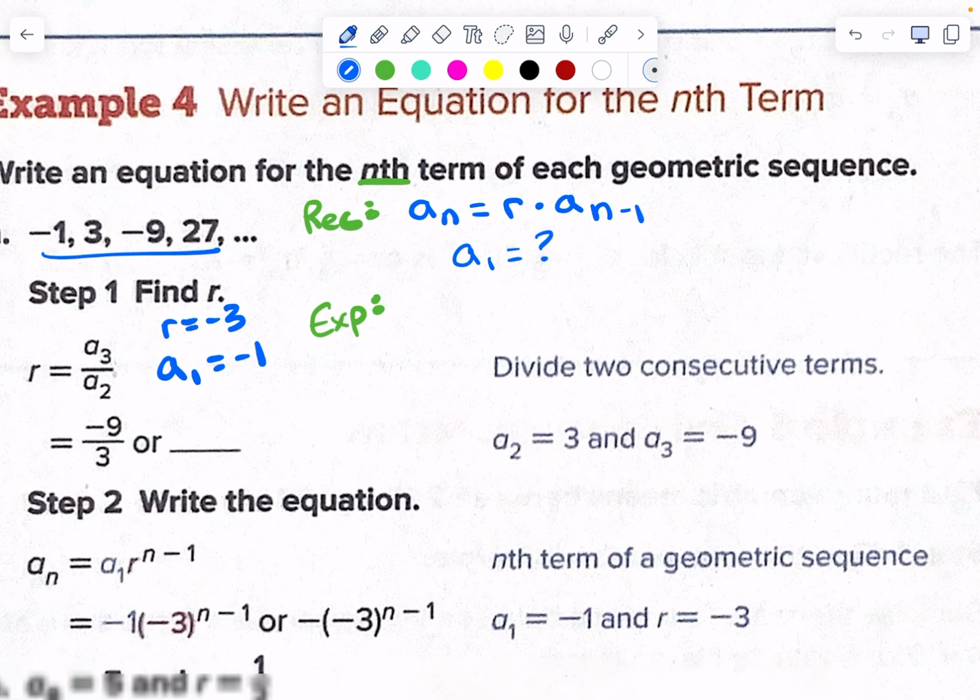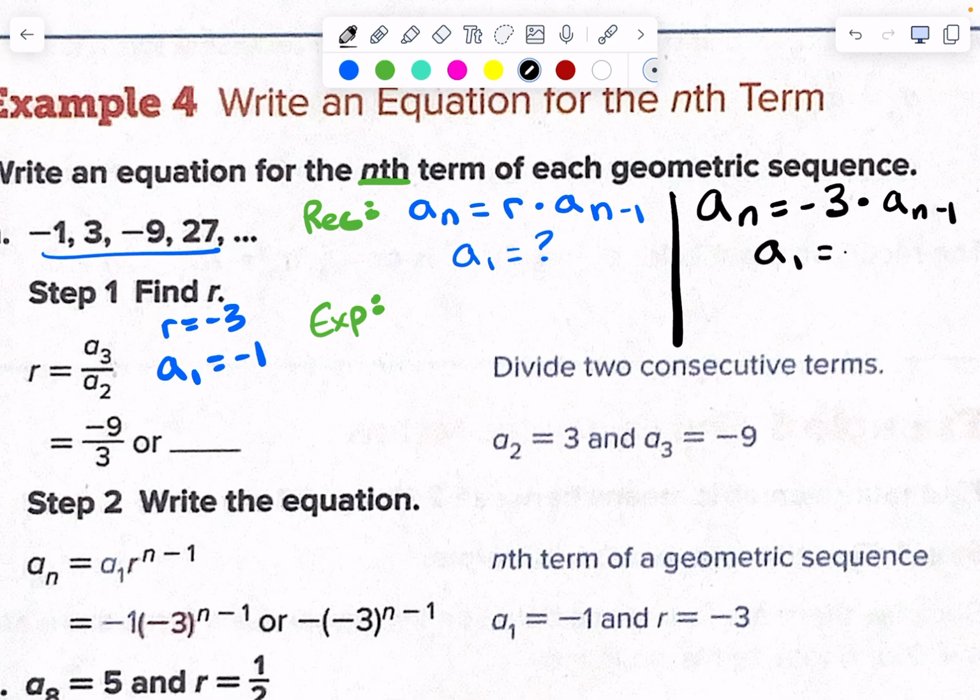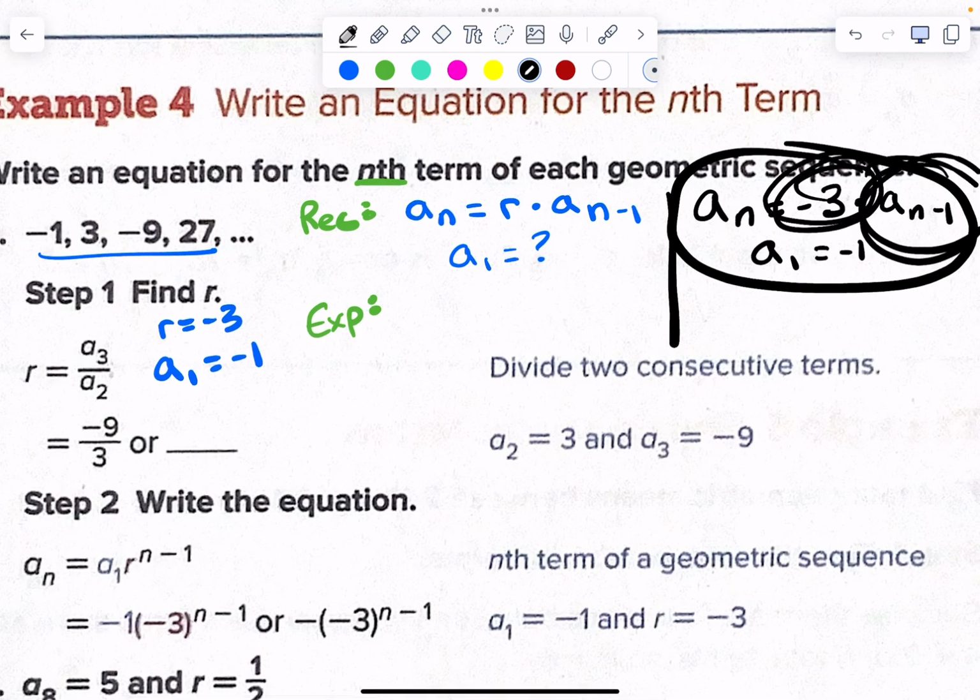So let's fill this in. Your nth term for this problem, I take -3 times the one right before it, which is A sub n minus 1. And A sub 1 is -1. Here is your recursive formula for that equation. This is just saying you take any term times -3 to get the next one.